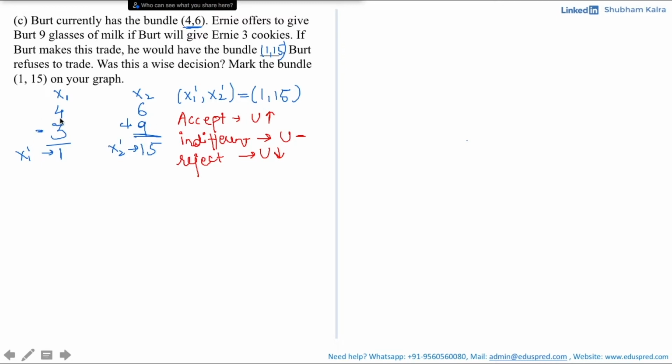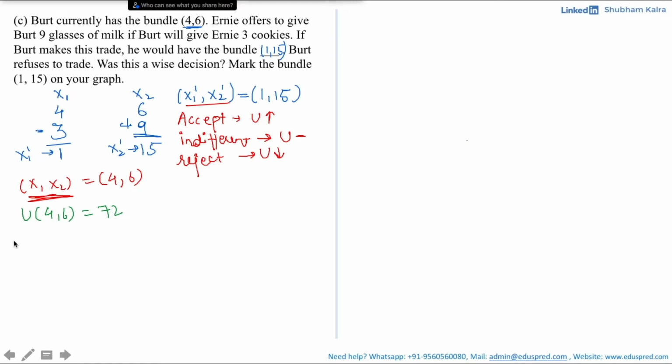That means we have to compare the utility at his initial consumption bundle, 4,6, with the utility at the new consumption bundle. From the previous parts, we know that the utility at the consumption bundle 4,6 is equal to 72.